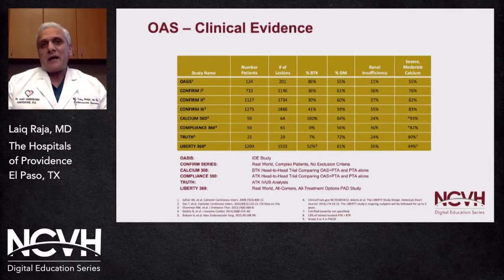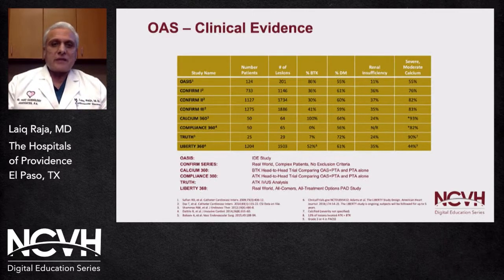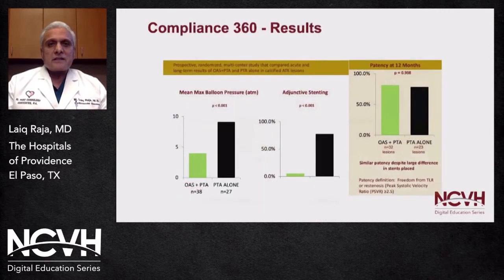What is the data behind it? There are multiple different clinical studies done for orbital atherectomy, as you can see in the slides. I'll just go through a couple of them. This is the Compliance 360 trial, which was PTA with orbital atherectomy versus PTA alone for above the knee vessels.